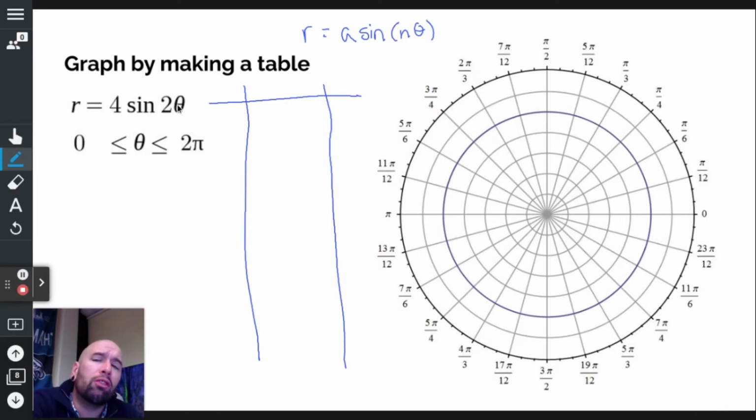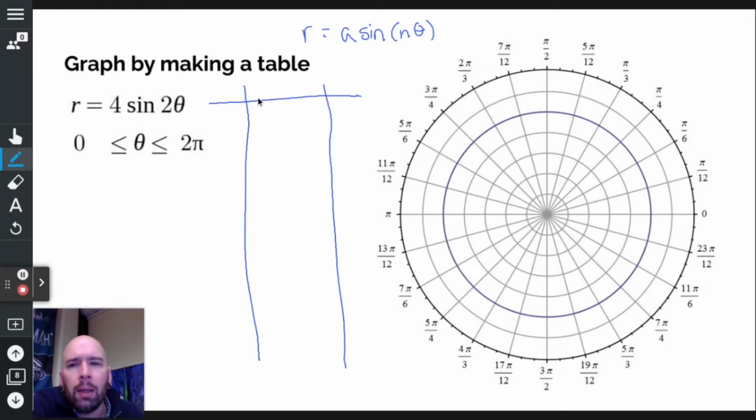The fact that there's a 2 in front of theta means that things halfway through start to repeat. Since the frequency is 2, things start to repeat themselves halfway through. So by putting a 2 in front of theta, that cuts my normal period of 2 pi in half, because 2 pi over 2. So again, things repeat themselves.